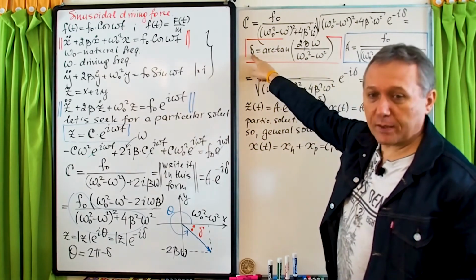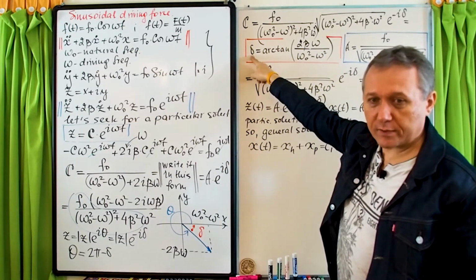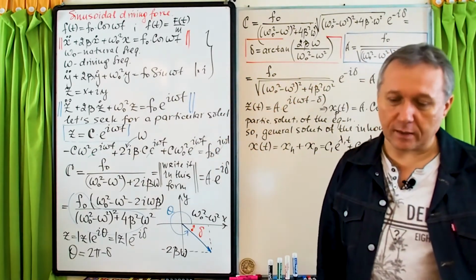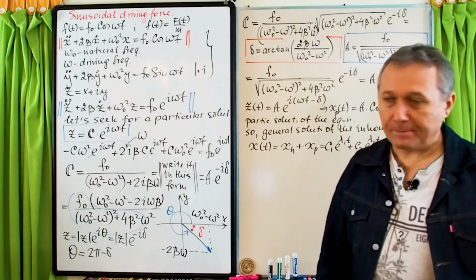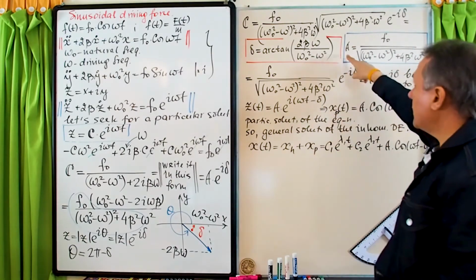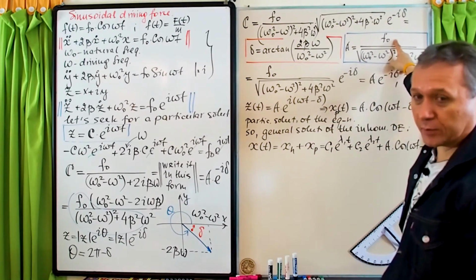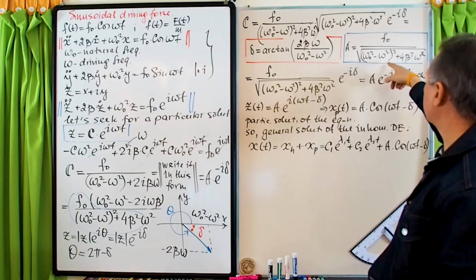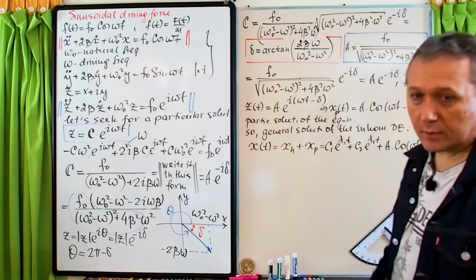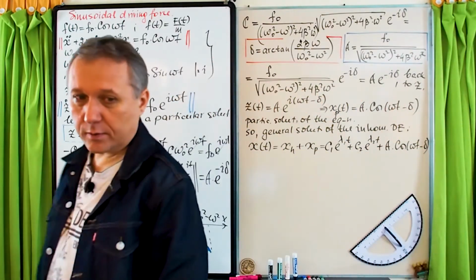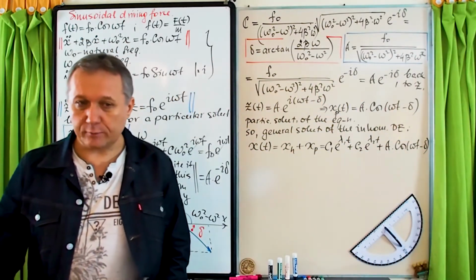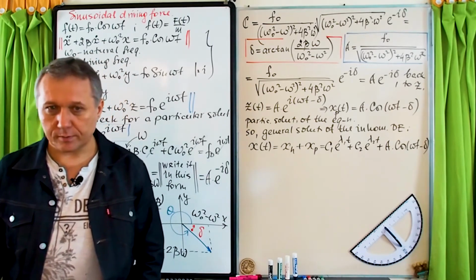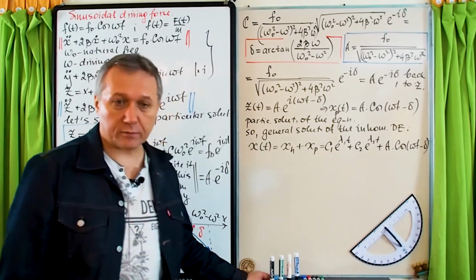So it depends only on parameters of the system. So delta is kind of an intrinsic parameter. A, the same, depends on the amplitude of the driving force, natural frequency, damping constant, and driving frequency. So if you pick the system and pick the medium, those constants are predetermined. But C1 and C2 are constants of integration.